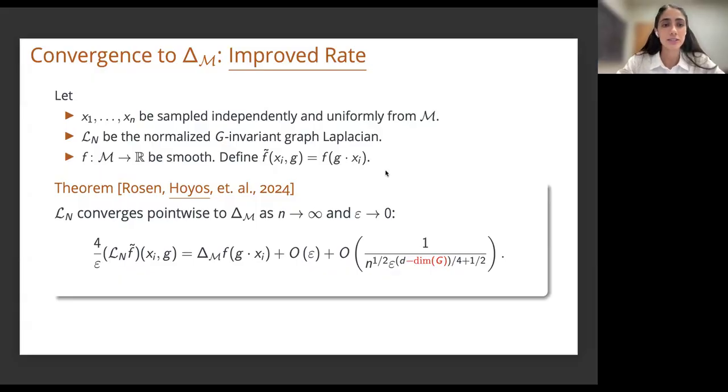Our result is that this G-invariant graph Laplacian converges pointwise to the Laplace-Beltrami operator as the number of data points goes to infinity and the bandwidth parameter of the Gaussian kernel goes to 0. But what's really interesting here is that we get an improved rate that depends on the dimension of the group.